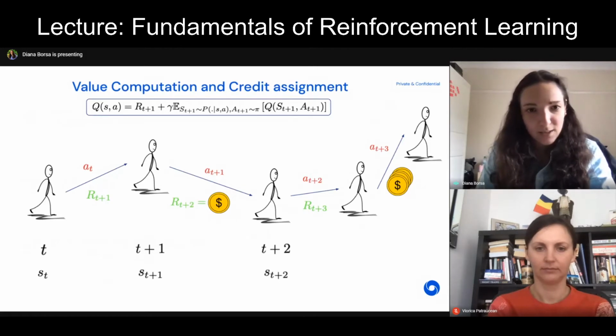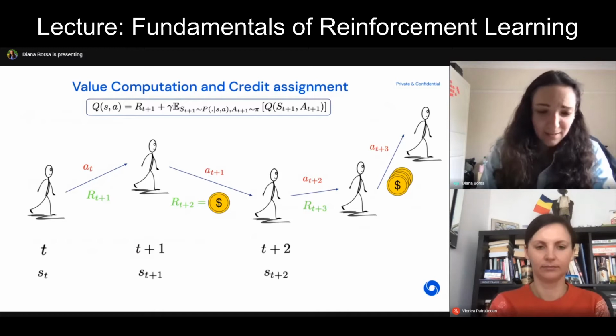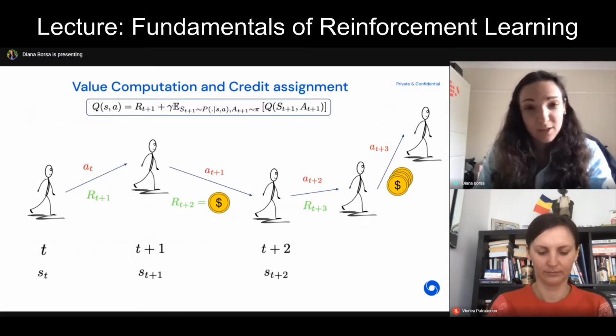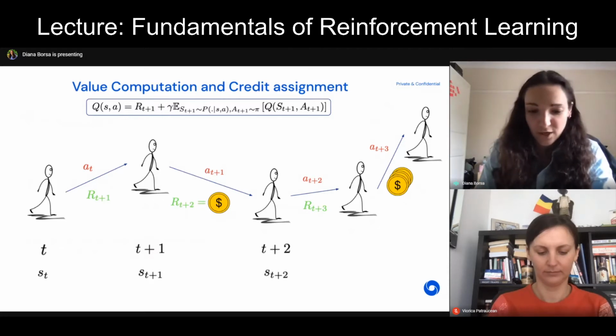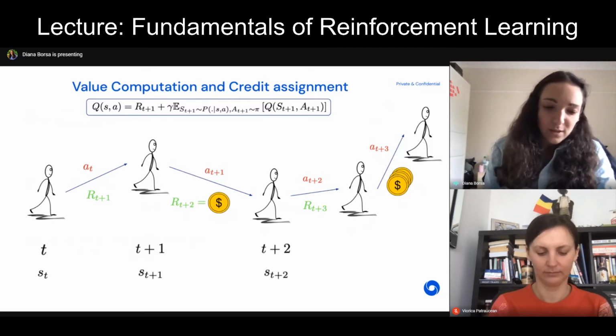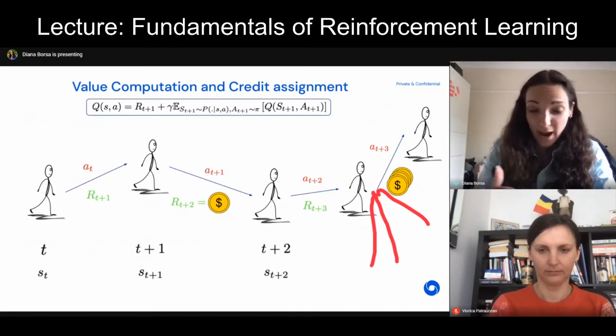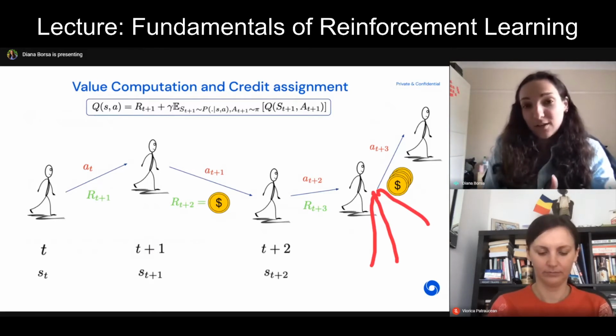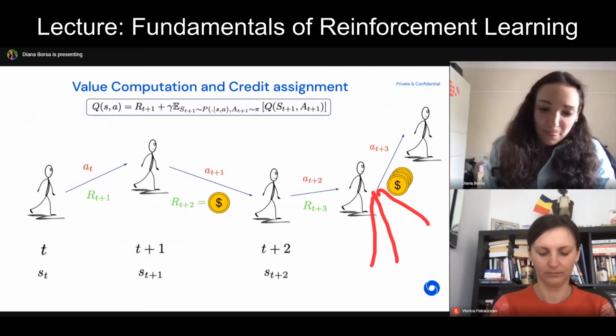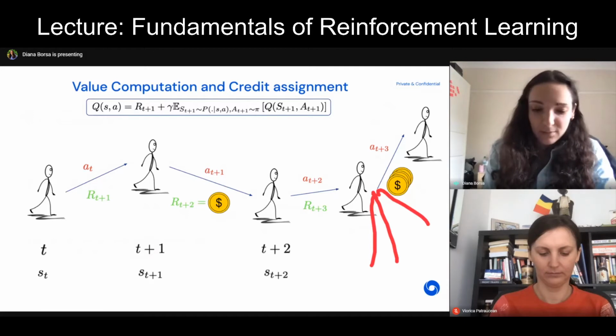Let's try to make this more formal, looking at the computation of a value function and the credit assignment problem. So this is just one trajectory, but usually when you do this computation of the value function, you have to take into consideration all of the possible scenarios that could have happened once you're in a state and taking many actions in that state. So this happens to be now a terminal state.